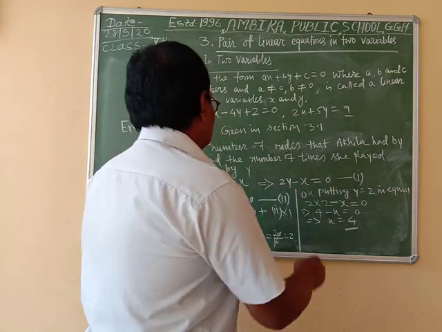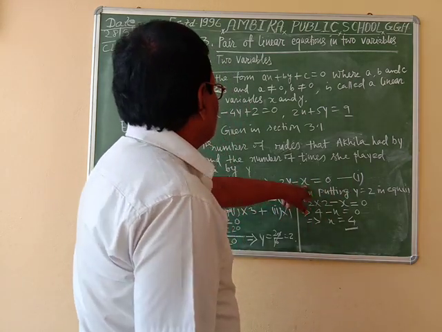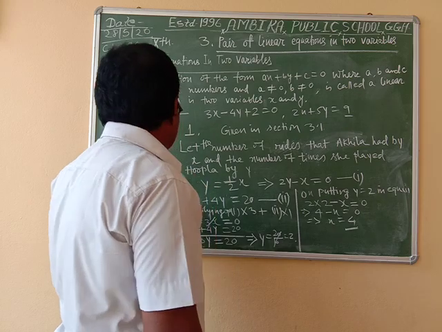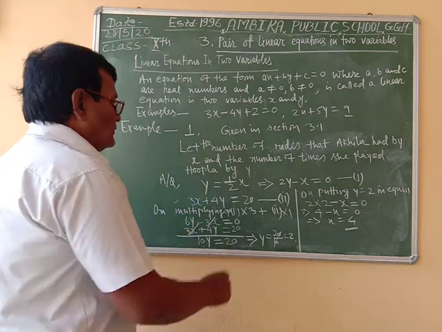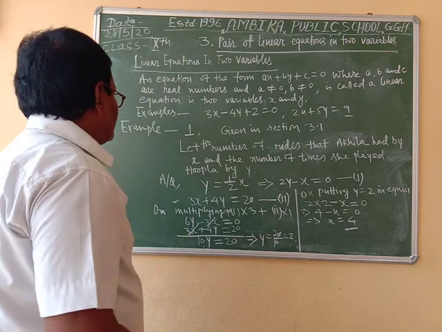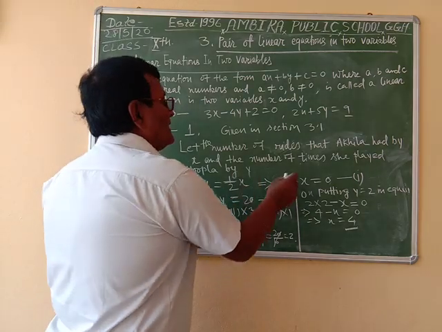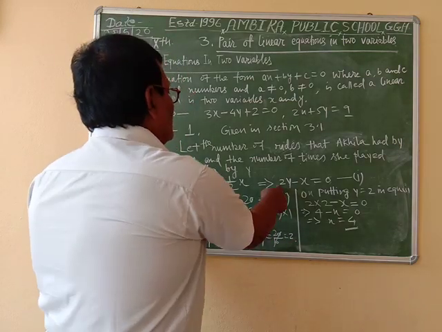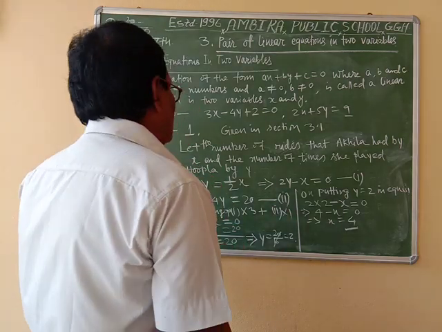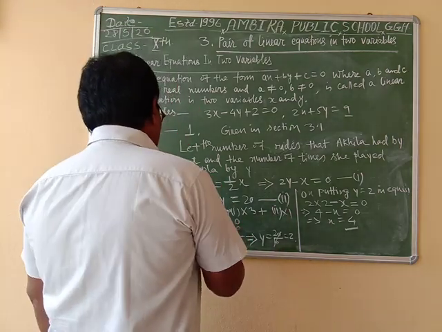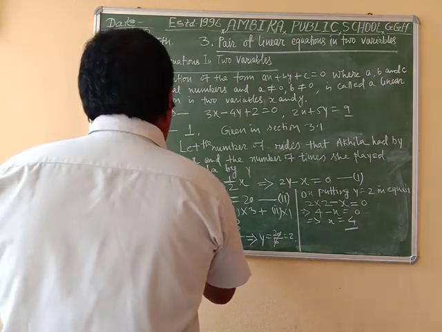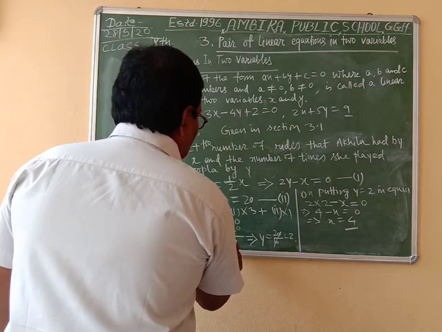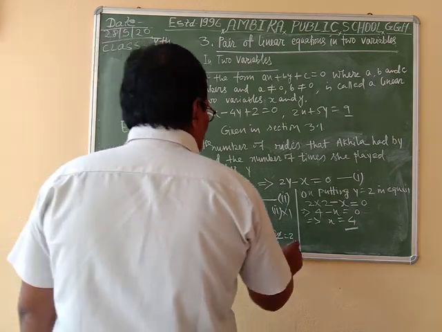Here we see that the coefficient of x in equation 1 is equal to -1 and the coefficient of x in equation 2 is 3. So making coefficients equal in both equations, we multiply 1 by 3 and adding with 2 we get 6y minus 3x is equal to 0 and 3x plus 4y is equal to 20. Here plus 3x and minus 3x is cancelled and 6y plus 4y, 10y is equal to 20, so y is equal to 2.